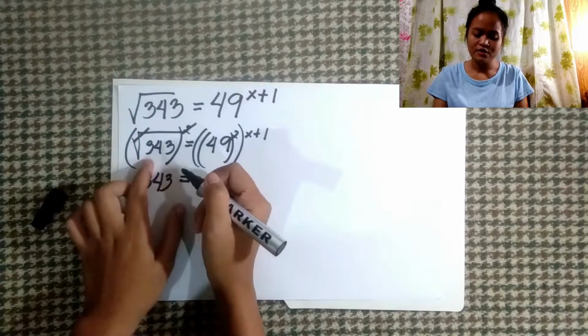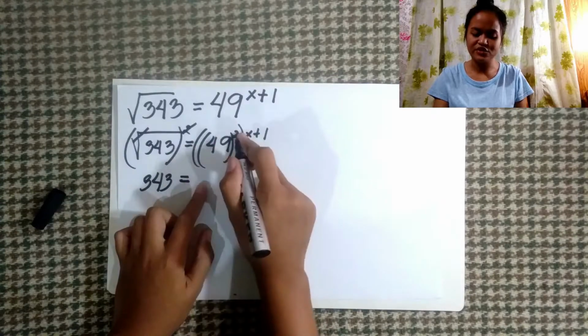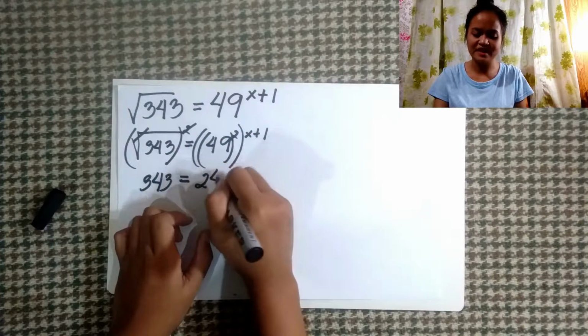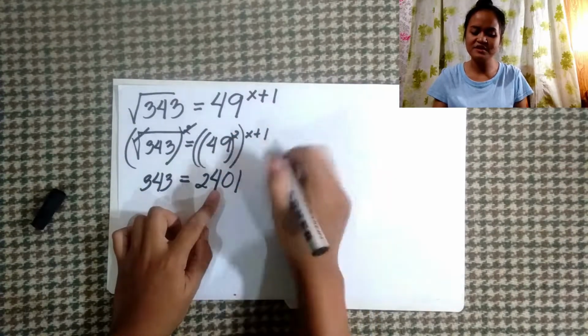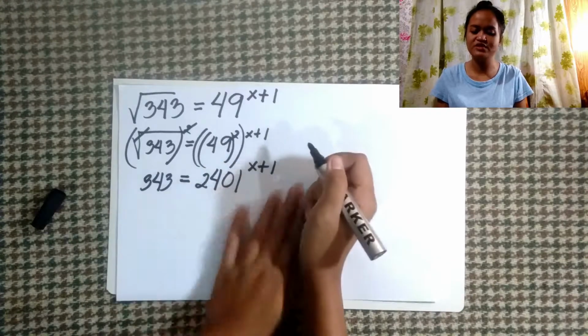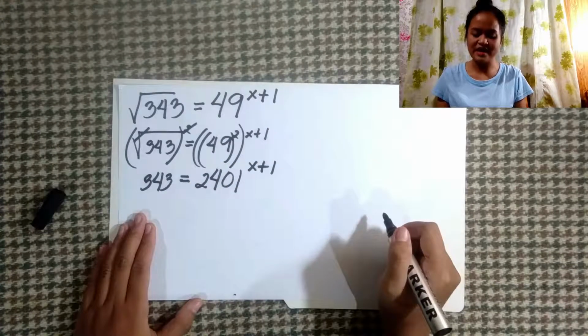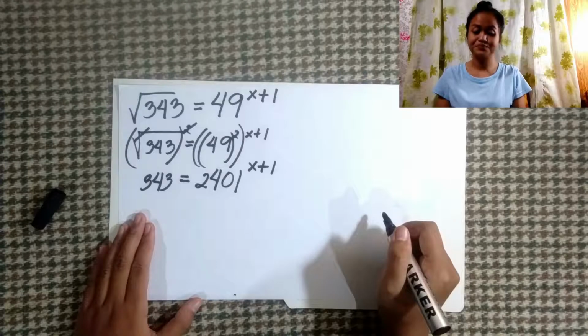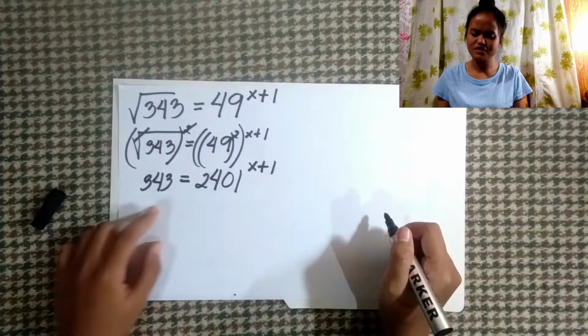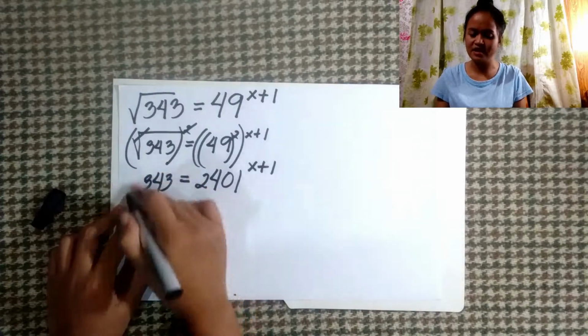So this will leave us with 343 since the radical has been cancelled, and 49 has been squared, so this will give us 2401 raised to x plus 1. So the bases are not yet equal.